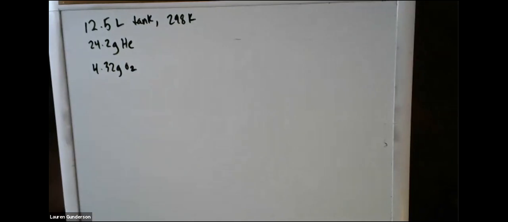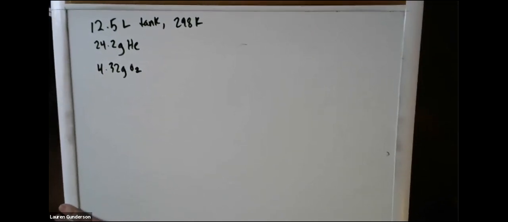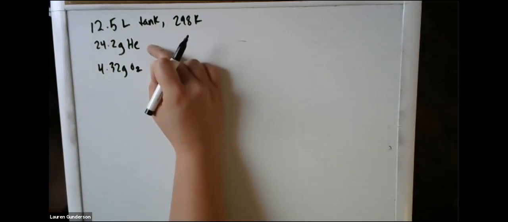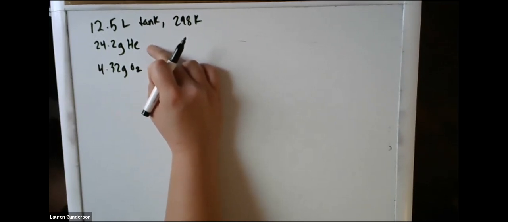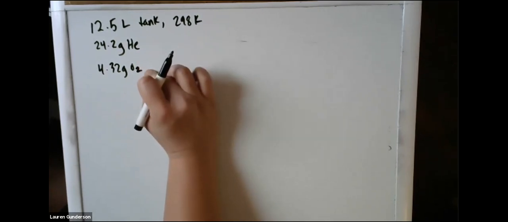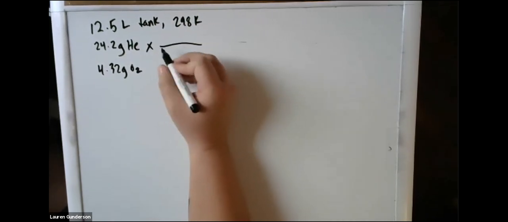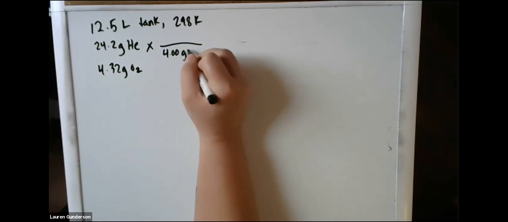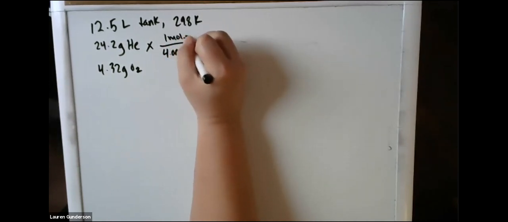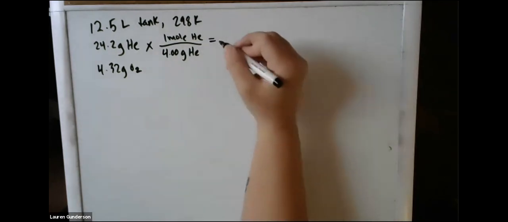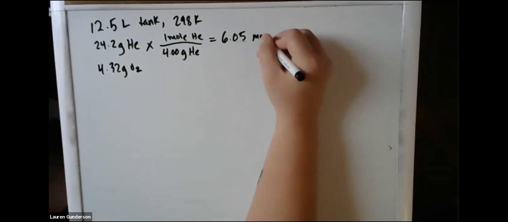Okay, now, like we spoke about earlier, the big red flag for you when you're given amounts of gases in grams is that the ideal gas law requires mole values, not mass values. So we're going to right away want to calculate moles from these gram values. We'll look at our periodic table, and we see that there's 4.00 grams of helium in 1 mole of helium, which will give us 6.05 moles of helium.